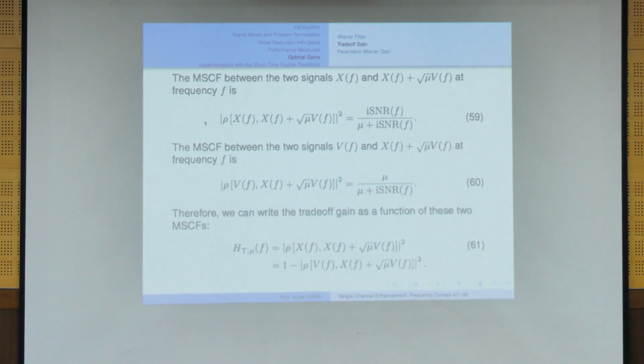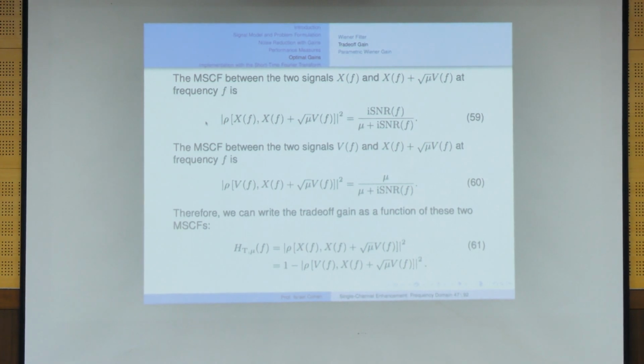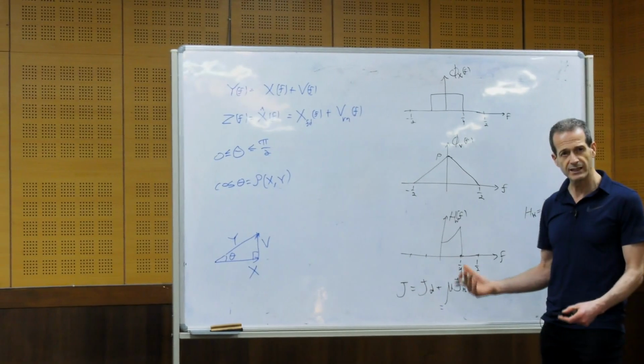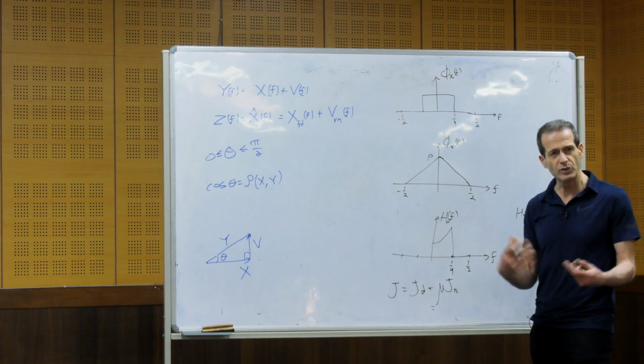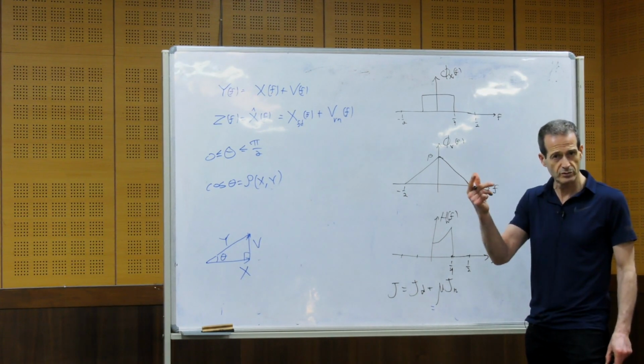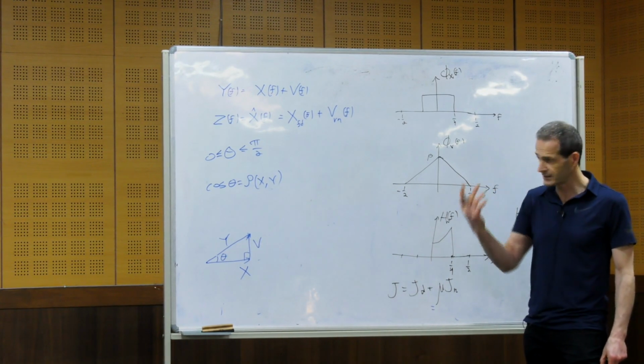We put here a weight, mu, right? And if mu is larger than 1, we give more weight to this part. And then we are able to reduce more noise if mu is larger than 1. So you see, this mean squared error is equivalent to multiplying the noise with the square root of mu, increasing the weight.